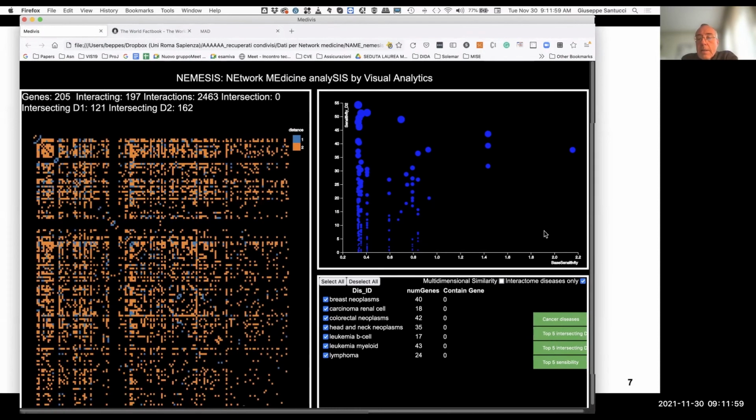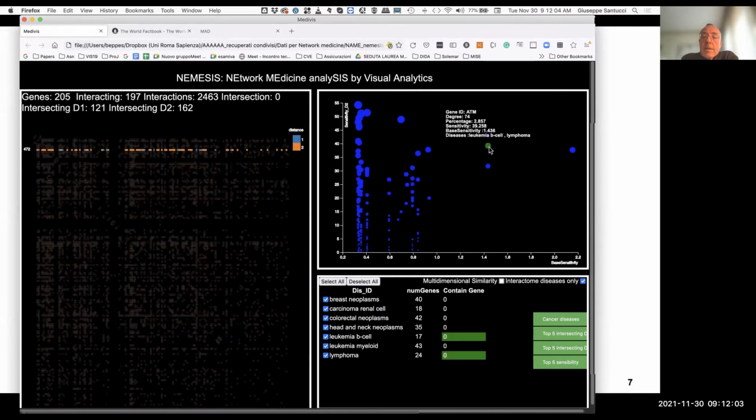Here we have the genes in a scatter plot. If I select a single gene, I have here some information about the gene, and you see a coordination between this window and this window. Passing over here, I see the line of this gene. I see all the interactions it has.